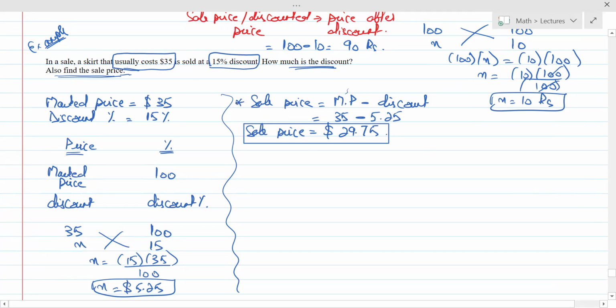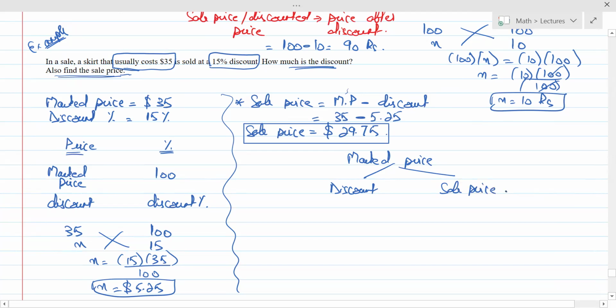Another approach is we can also find the sale price with the help of the ratio method. How? We know that the mark price is divided into two different parts. One part is the discount, and the other part is the sale price, right?